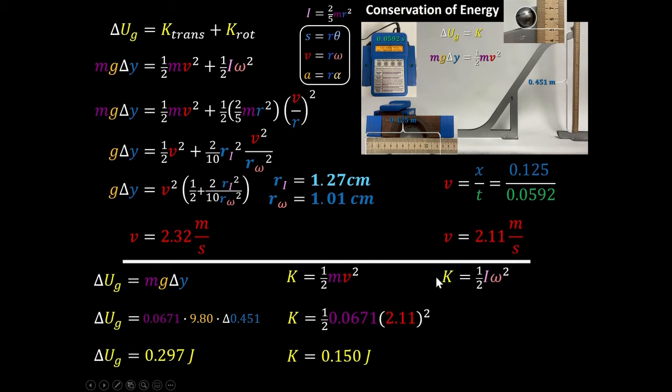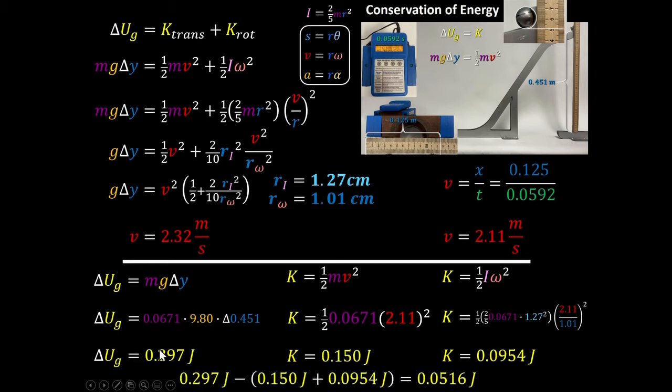The rotational kinetic energy was that, and we can calculate its rotational inertia and its angular velocity, and we come up with this number here. If I add the two kinetic energies and subtract from how much we had, we still have a difference of 0.0516 joules. So where did that energy go?